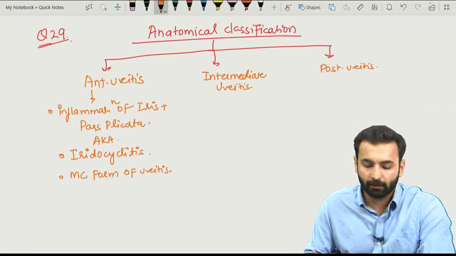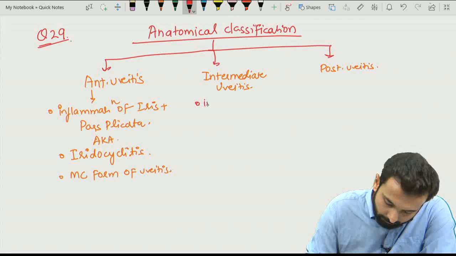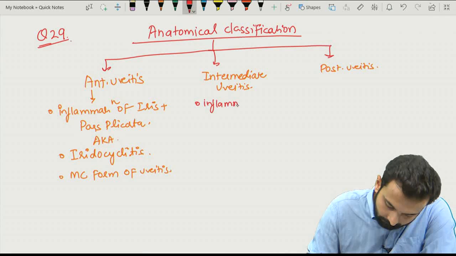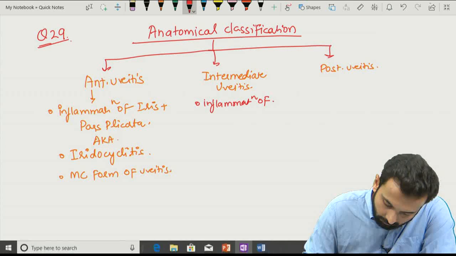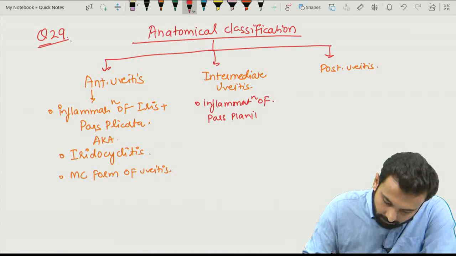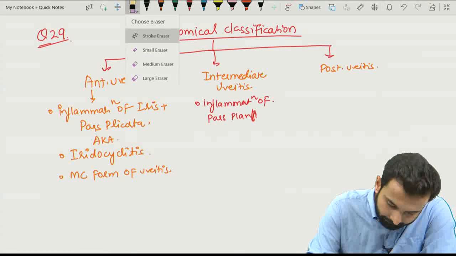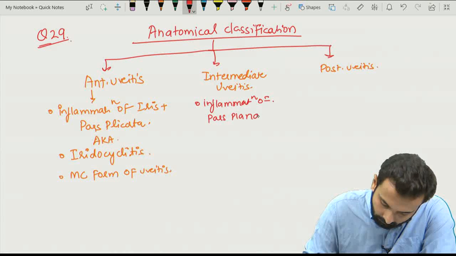Now coming to intermediate uveitis. Intermediate uveitis involves inflammation of pars plana and peripheral retina.